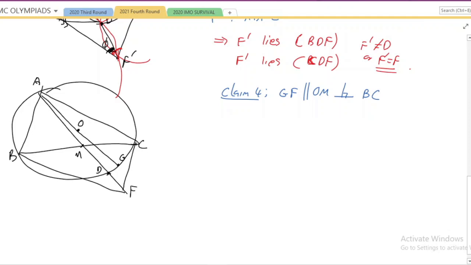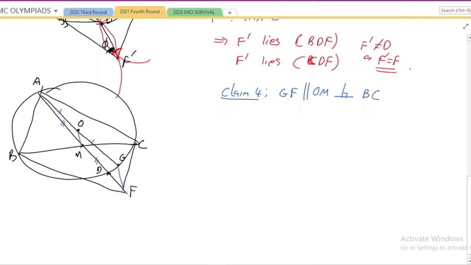Alright, so from what we have, AM is equal to MF, so that's M is midpoint there, and also from the radius of circle ABC, we have that AO is equal to OG. So that means if you look at triangle AGF, then O is midpoint of one of the sides and M is midpoint of another side.